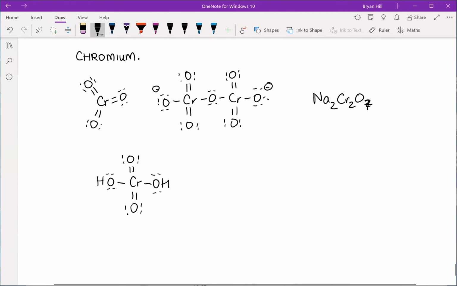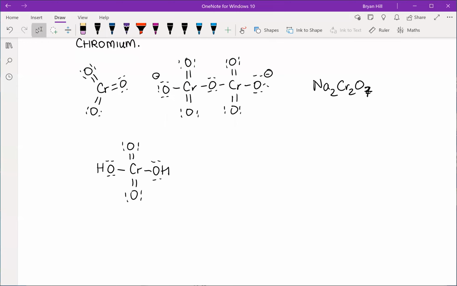But the two generic names of the oxidizing agents are Jones reagent, Jones, or PCC.